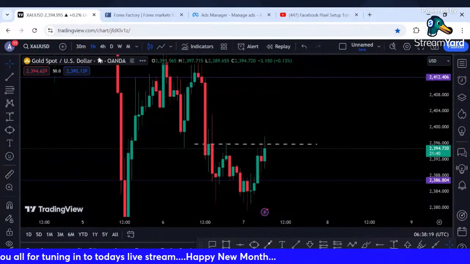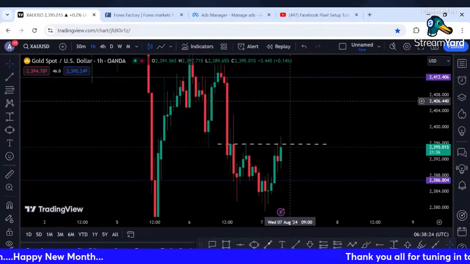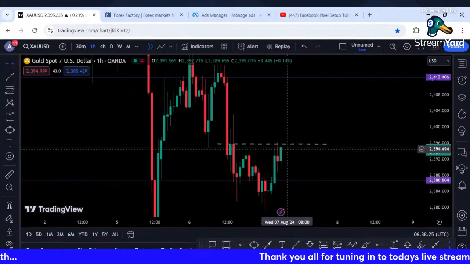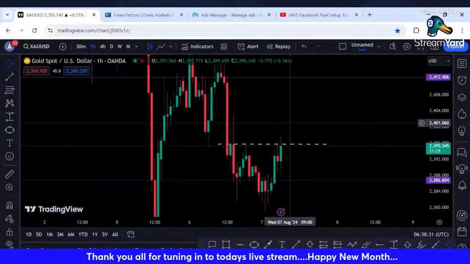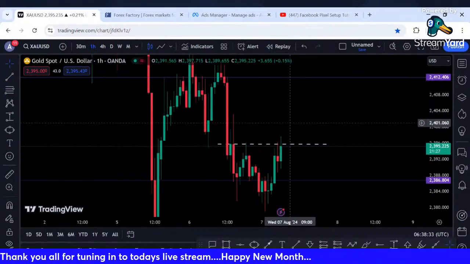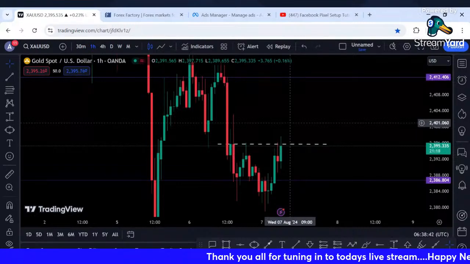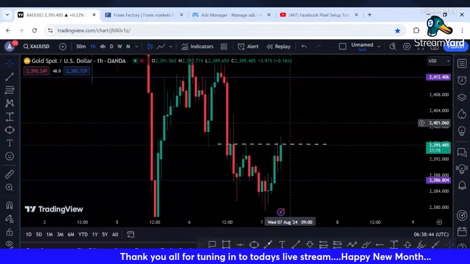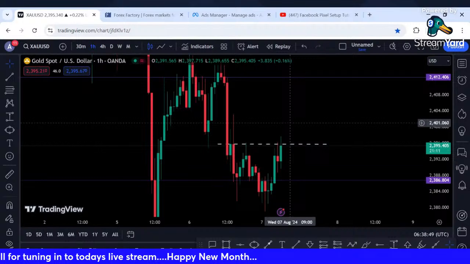So the first thing is the time frames that we use to analyze. We usually do top-down analysis, which means we try to check what all those time frames are doing. The most important thing is, if all those time frames are pointing in the same direction according to how you determine the trend, that means you are on the right path.